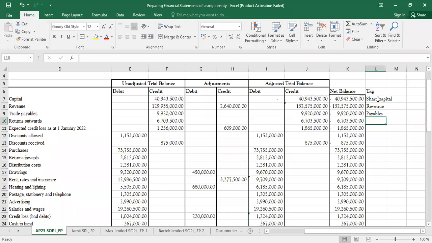You can decide what to call it. You can even call it return outwards, or you can call it purchases. But if I call it purchases, it will automatically reduce the purchases. Because it's the first class, I'll show you the layout before we change.